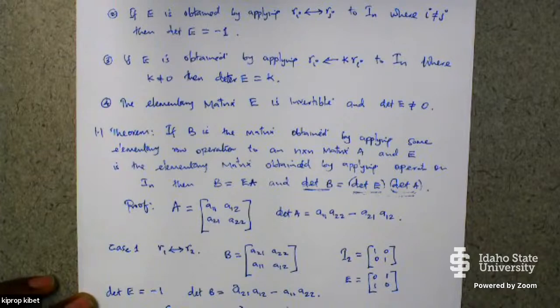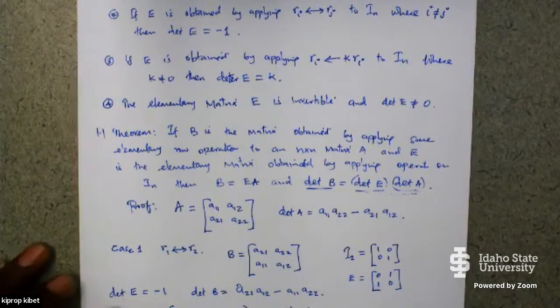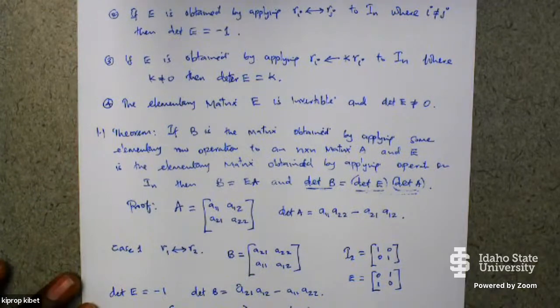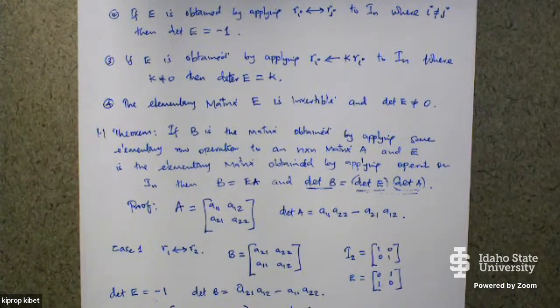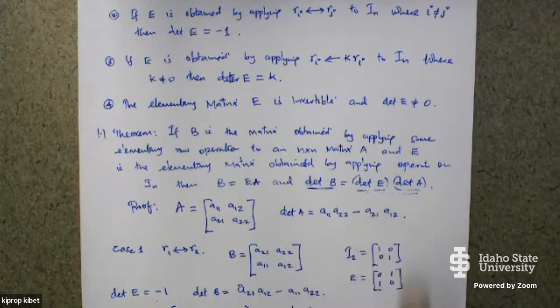So the determinant of B is equal to the determinant of E multiplied by the determinant of A, because the determinant of E here is -1. The determinant of A here is this. So we have proved that the determinant of B is equal to the determinant of E multiplied by A.